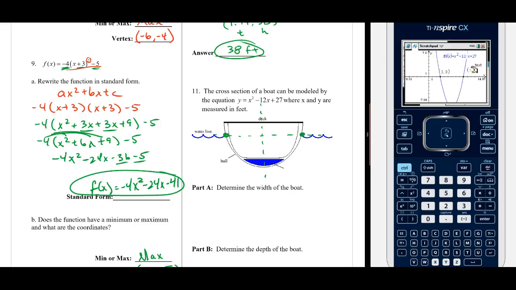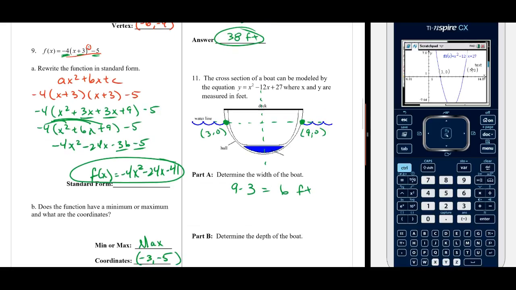I get 9. So I've got zeros at (3, 0) and (9, 0). So one of my points is at 3, the other one is at 9. So the width of the boat is just 9 take away 3, which is 6 feet.